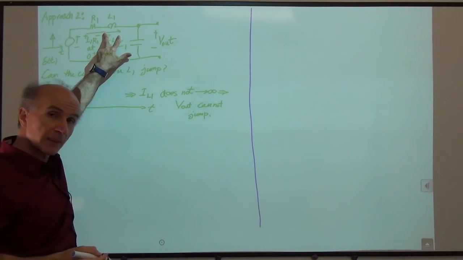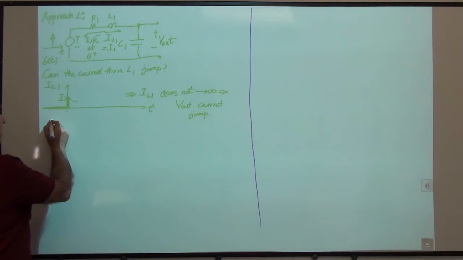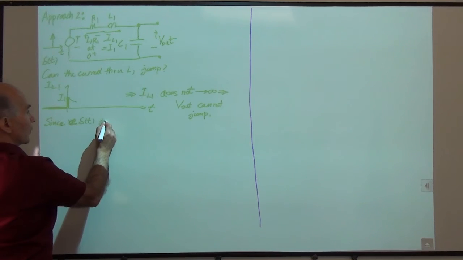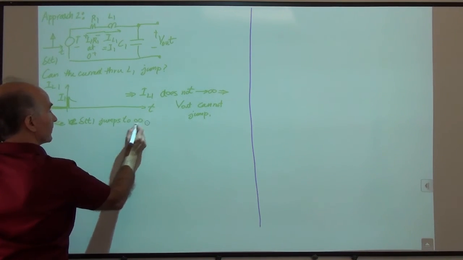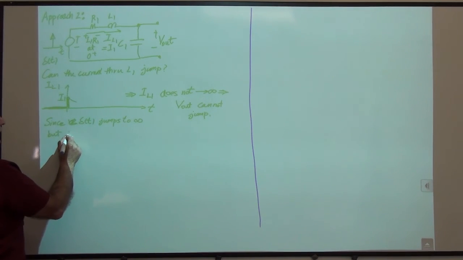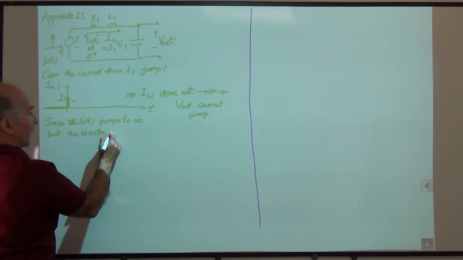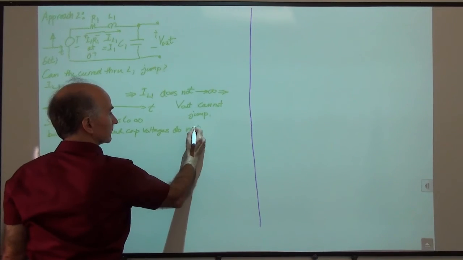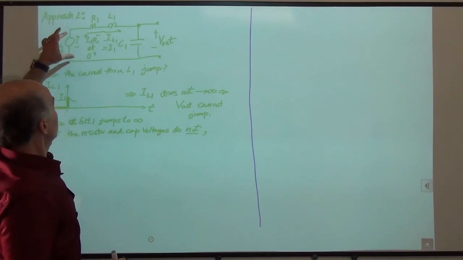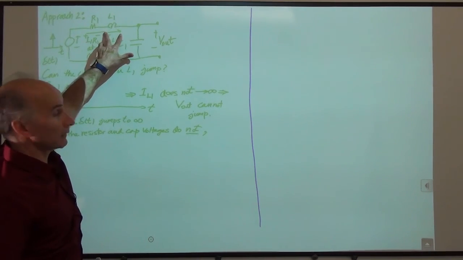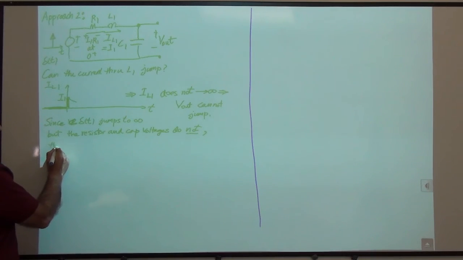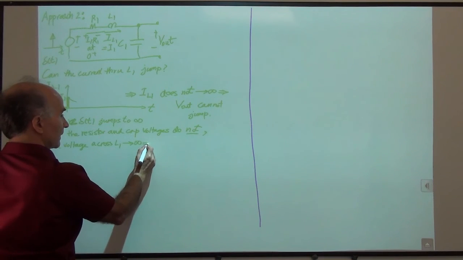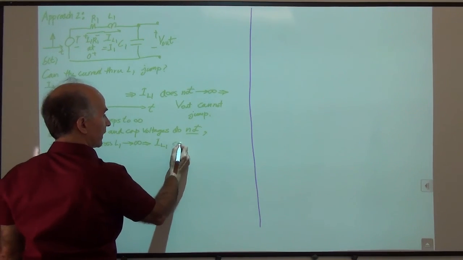Since delta of t jumps to infinity, but the resistor and capacitor voltages do not, the voltage across L1 does go to infinity, so IL1 can jump.